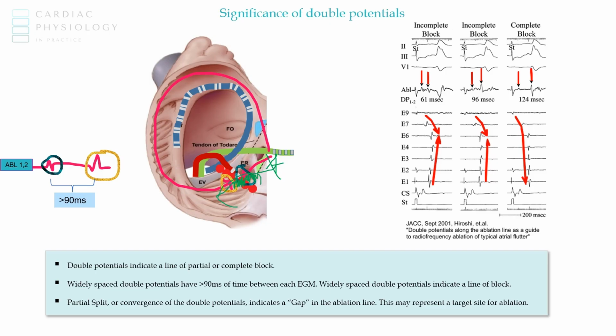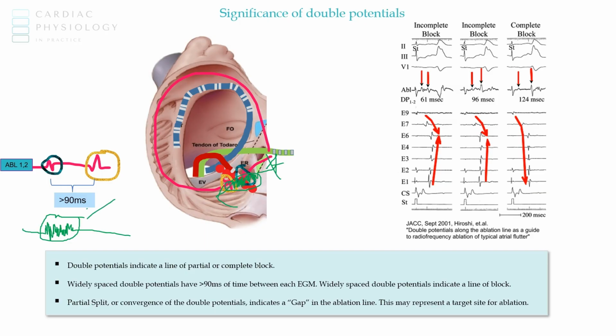But that depolarization would be continuous. So what we'd see on the EGM is medial tissue depolarizing, followed by tissue beneath, followed by lateral tissue depolarizing.